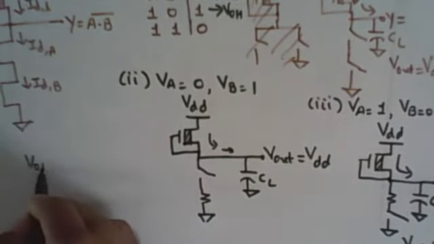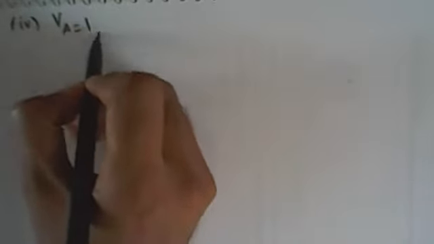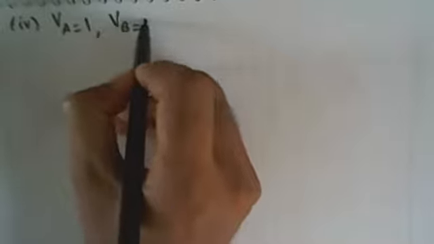Now let's find the fourth condition, when both the inputs are high. At that time both the MOSFETs operate in conduction, and what is the VOL output voltage? For the fourth condition, VA is equal to 1 and VB is also equal to 1.